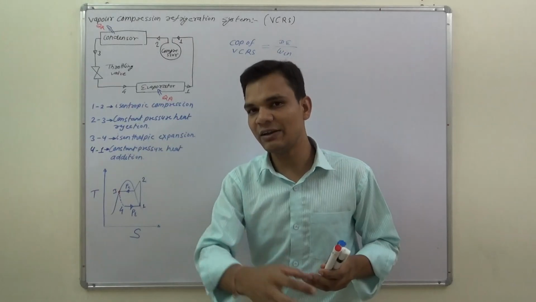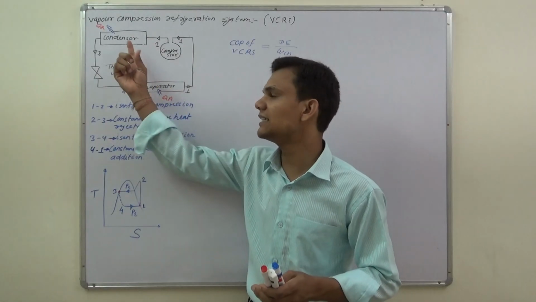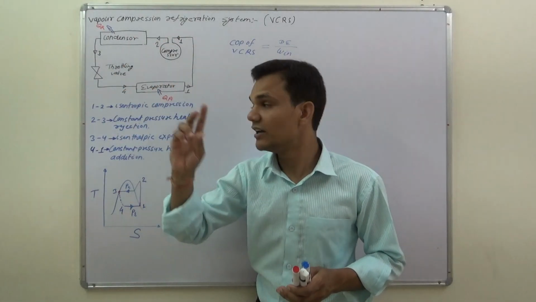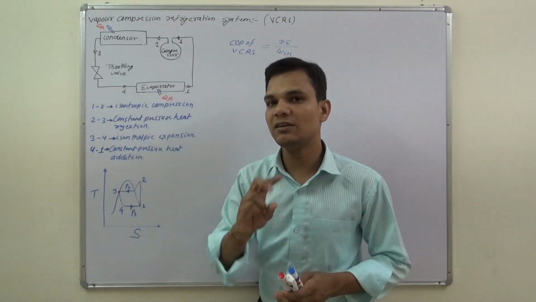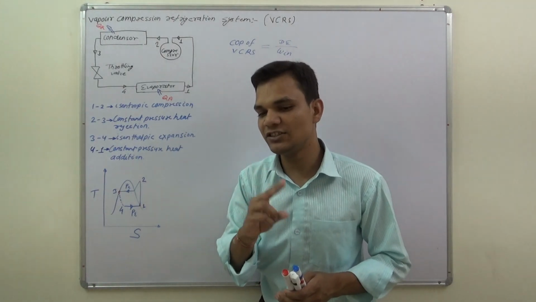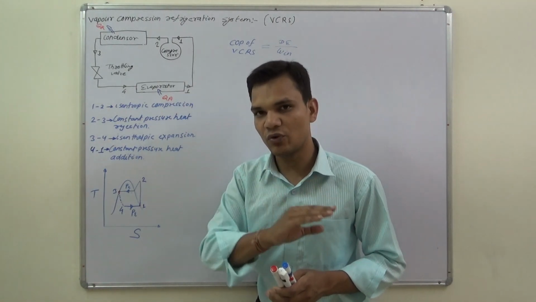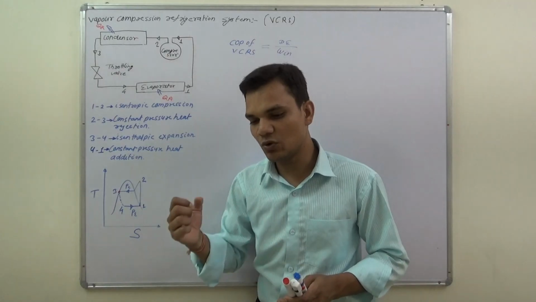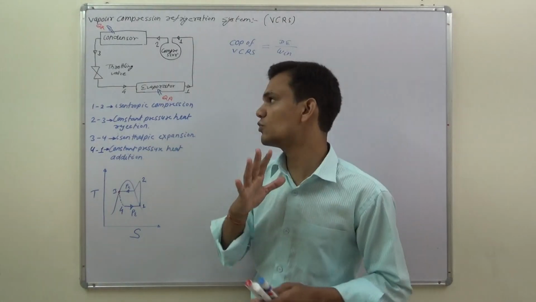So in the evaporator we absorb heat, in the condenser we reject heat. Evaporator and condenser are both heat exchangers. They are used to exchange heat from cold substance to hot substance or hot substance to cold substance.